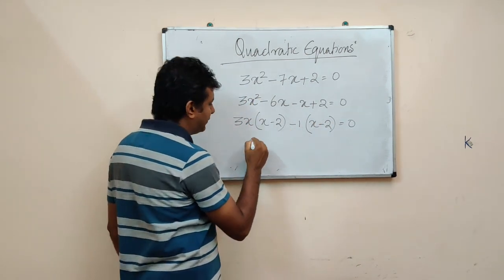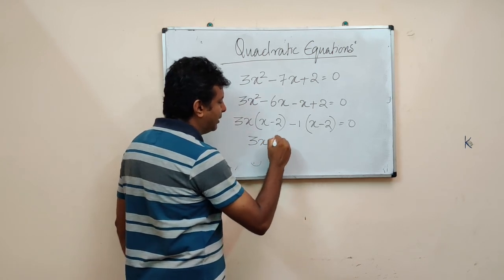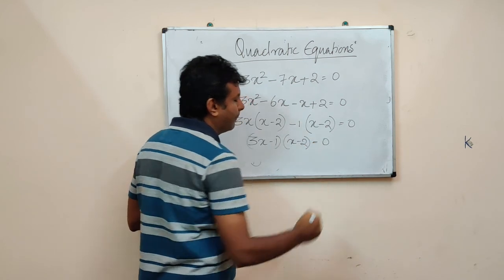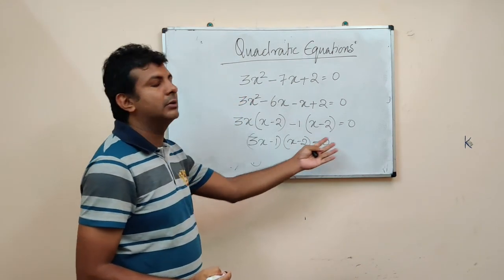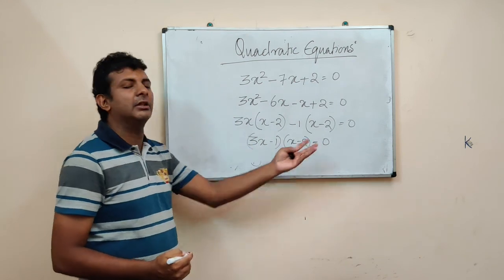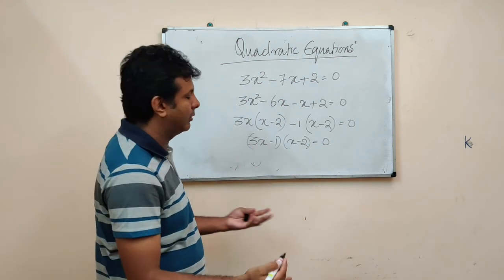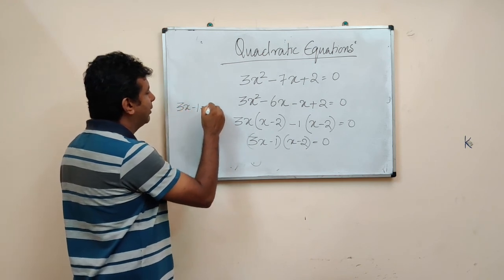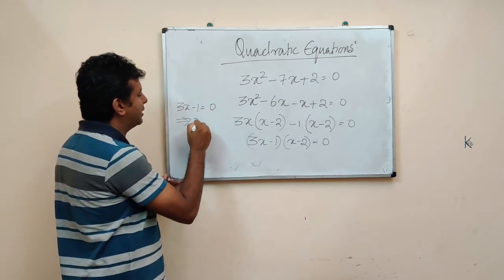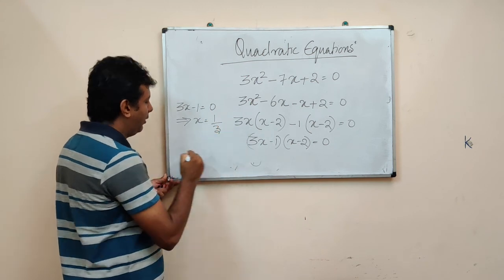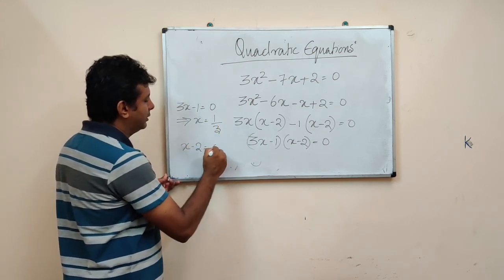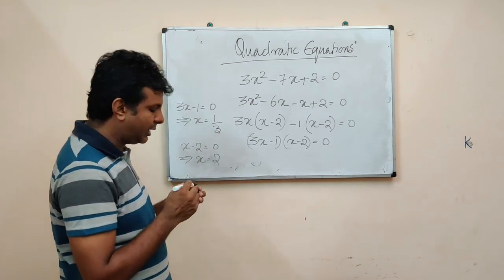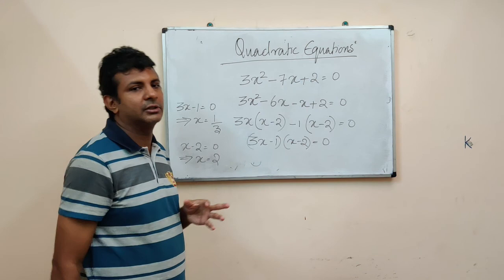Now, if I reach this far, then I can reduce it to 3x minus 1 into x minus 2 equal to 0. And if these two terms multiply to 0, either of these two terms should be 0. And therefore, the roots could be 3x minus 1 equal to 0, which implies x equal to 1 by 3, or x minus 2 equal to 0, which implies x equal to 2. This is the classic middle term reconstruction method.